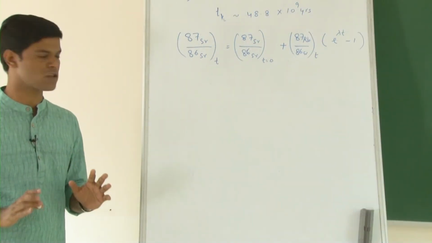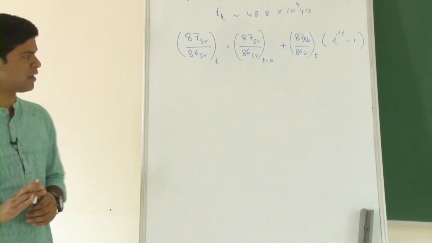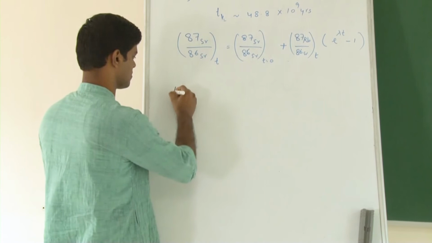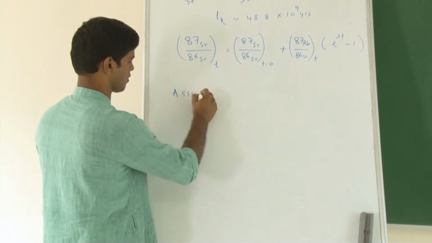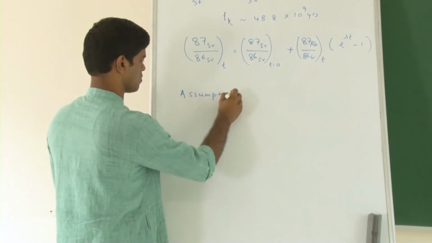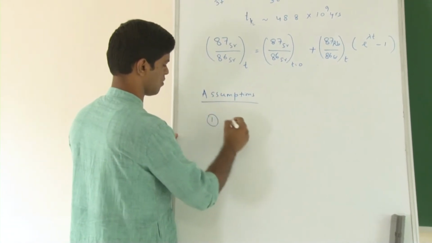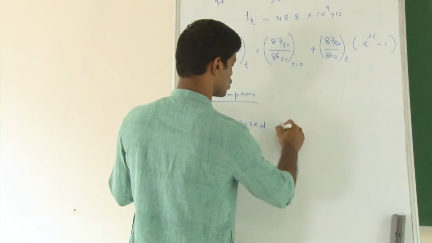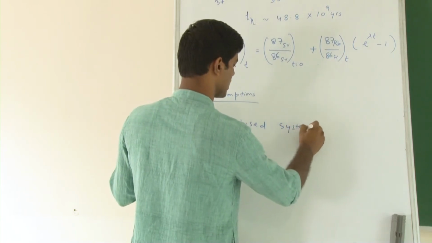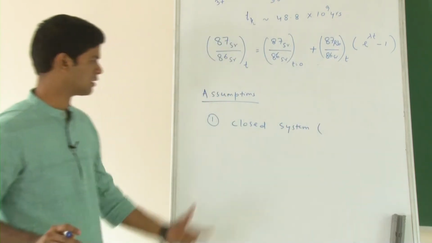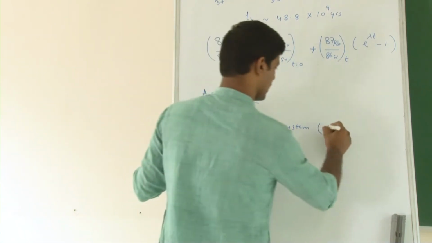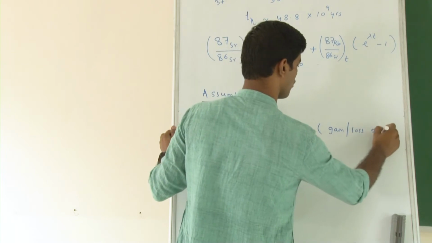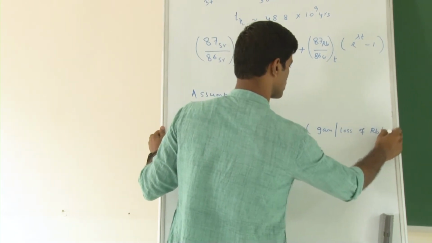The success of the isochrone approach to find an age depends on a few assumptions. First is that the system has remained closed since its crystallization, the rock formation. There has been no gain or loss of rubidium or strontium.